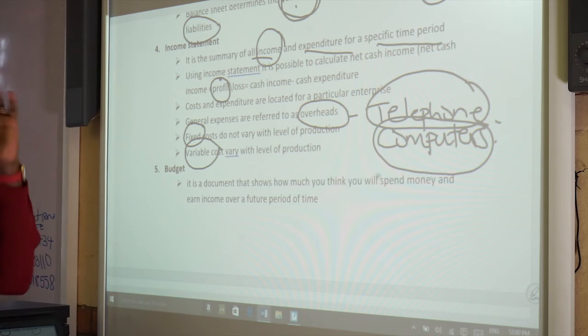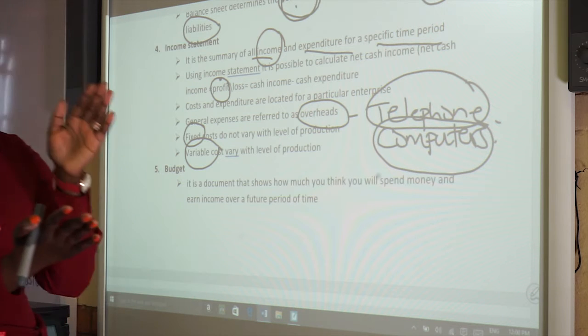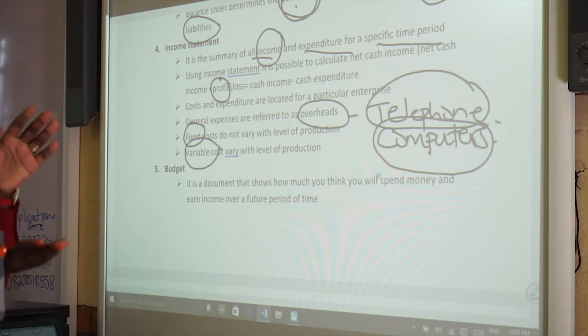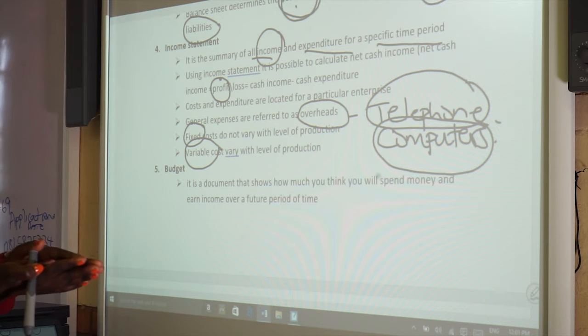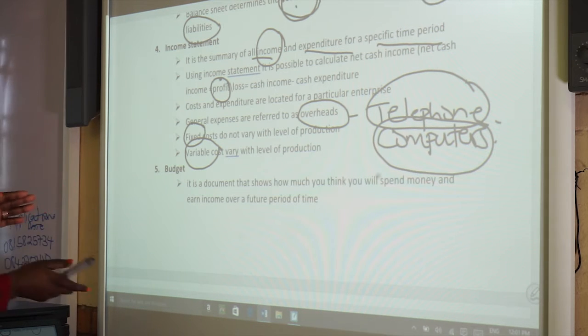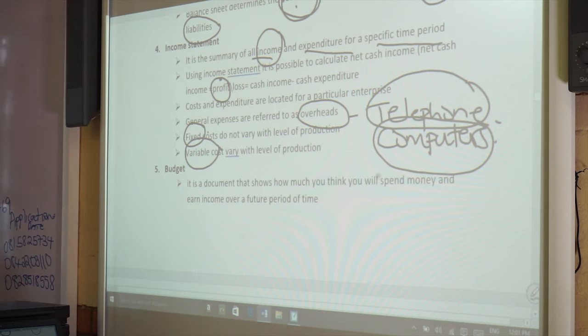If we sell 10 cattle, our rent is going to remain at 3,000. If we sell 20 cattle, our rent is going to remain at 3,000. If we sell 100 cattle, our rent is going to remain at 3,000. So the cost is fixed, whether the production is increasing or decreasing.